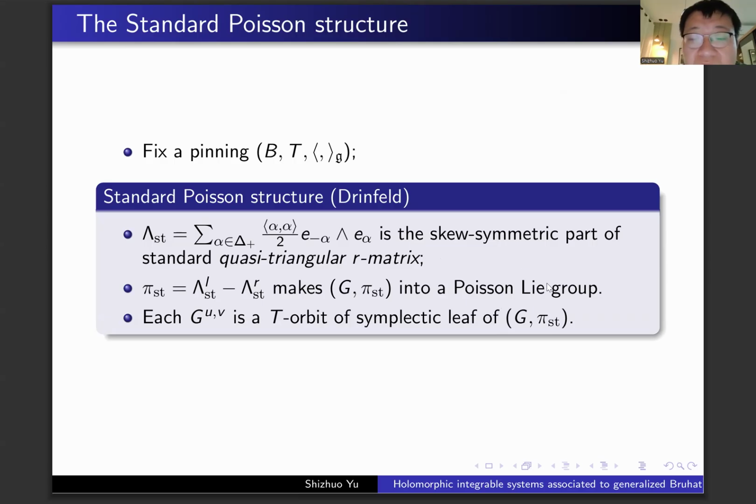It is also a Poisson Lie group. And actually, each double Bruhat cell is a T-orbit of symplectic leaves of G. That is why we will introduce the notion of the T-leaf. It is interesting to study T-leaves because to study the double Bruhat cell is to study the T-leaves of the standard Poisson Lie group G.